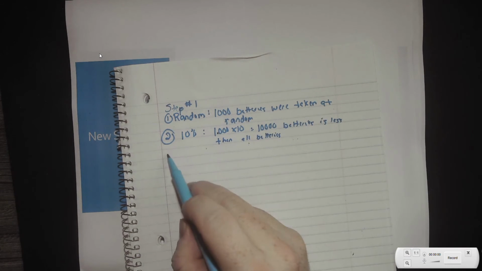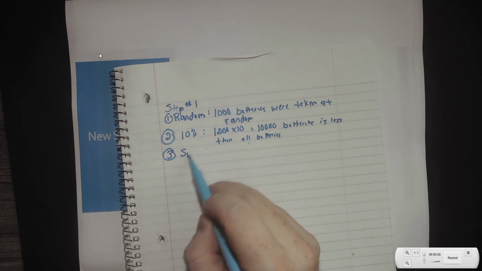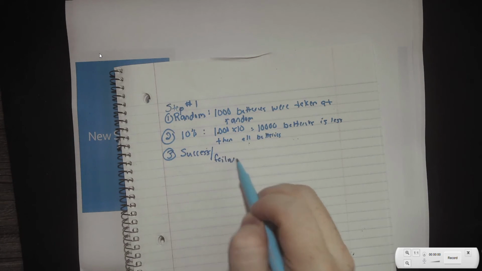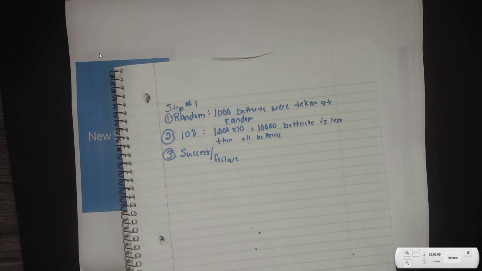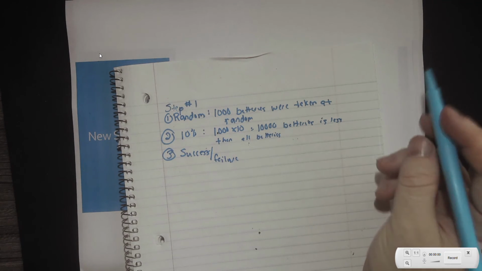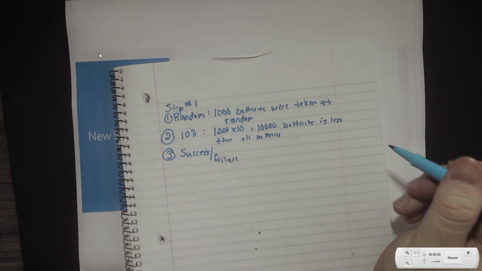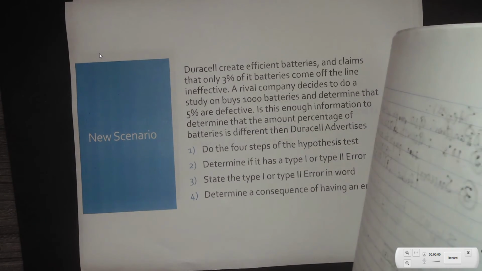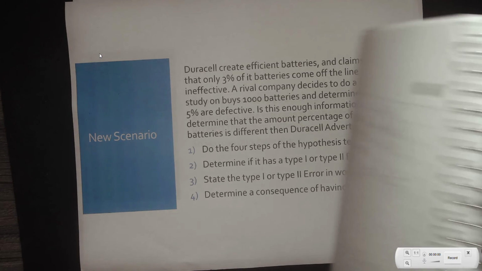Then we have success failure. If I go back here, the population proportion is 3%.